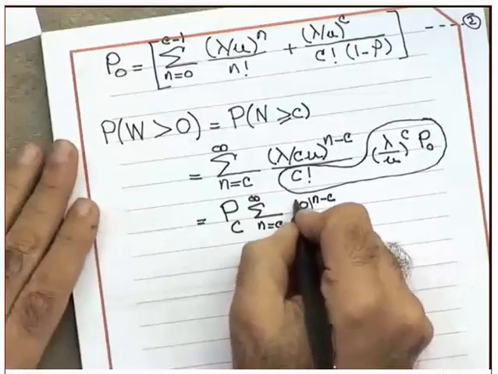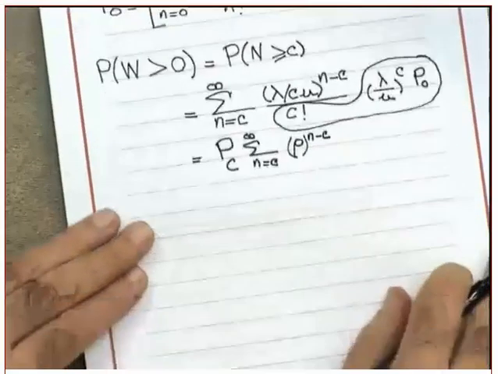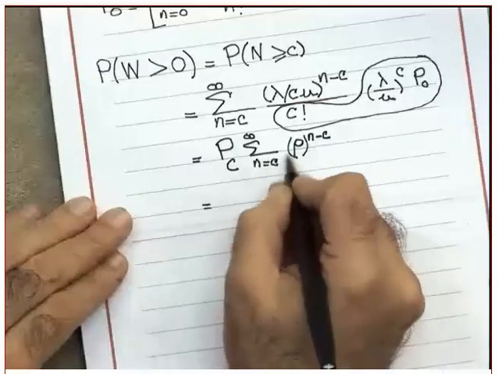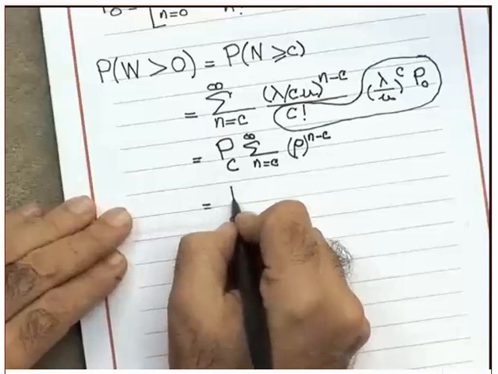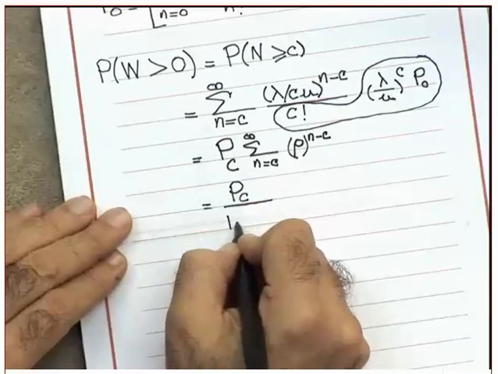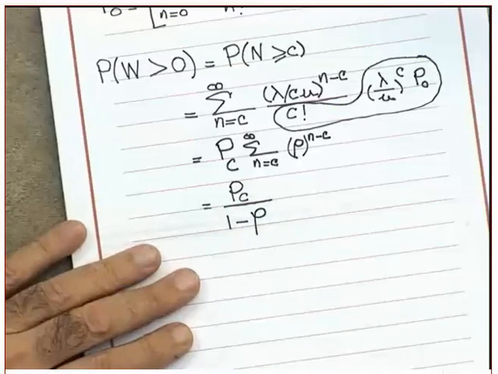Can I do a simple change of variable here? N minus C equal to M. So what do I get? PC over 1 minus rho. Are you following me or not?